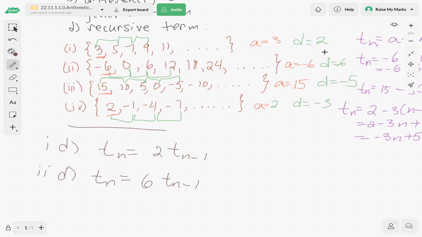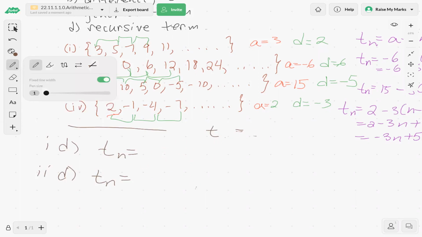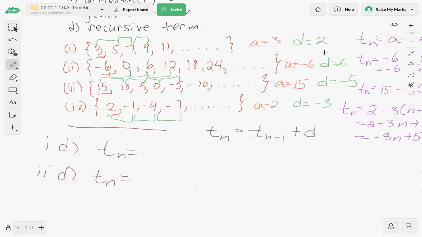So a recursive term, what's the definition? It's Tn equals d times T sub n minus 1. Actually, I think I've made a bit of a mistake here. It's not multiplication, it's addition. My mistake. Tn equals Tn minus 1 plus d.